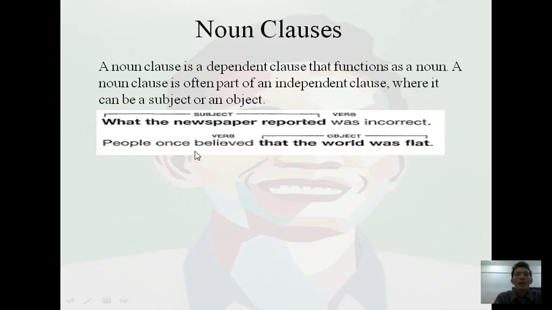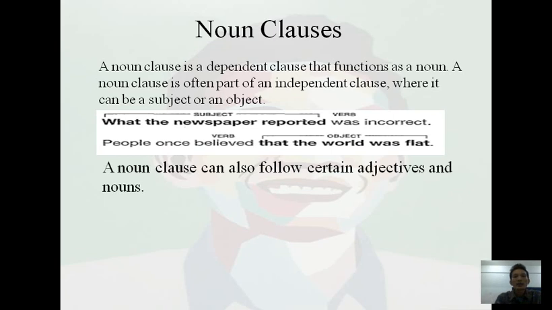And second, people once believed the information. And then I changed the word the information to become that the world was flat. So a noun clause here is a dependent clause that functions as a noun, replacing a subject or replacing an object.